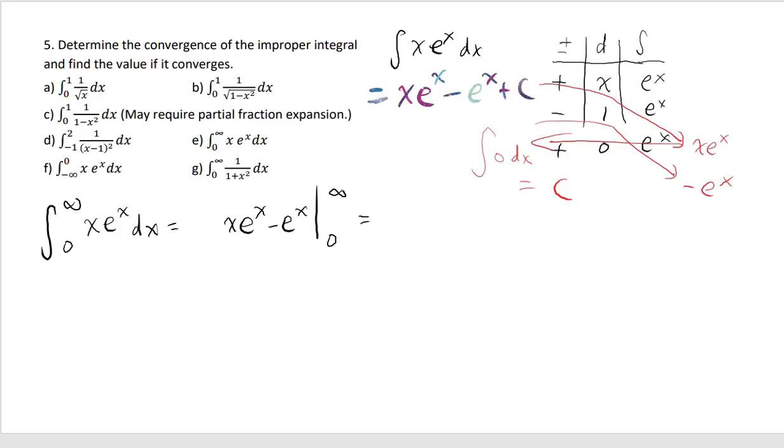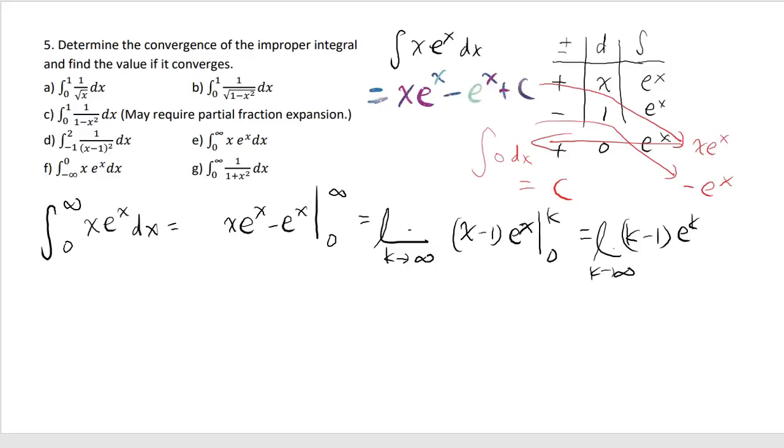And because this part is infinity, you have to use the limit k going to infinity of, let's factor the e to the x, so you get x minus 1 e to the x, and then you integrate from 0 until k. If you plug in k, you get k minus 1 e to the k, limit k going to infinity. And then if you plug in 0, that's e to 0 is 1, 0 minus 1 is negative 1, and negative 1 times 1 is negative 1, so you get negative 1.